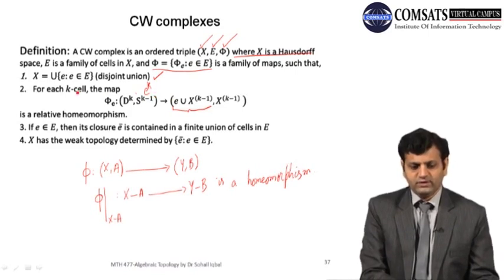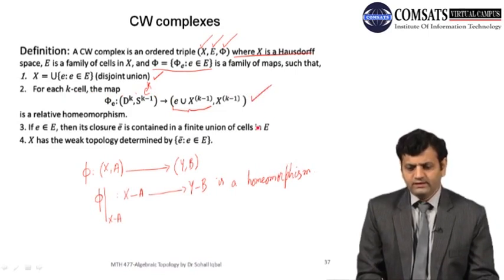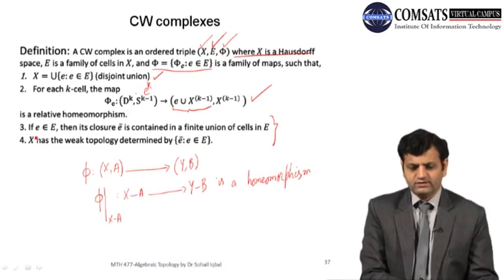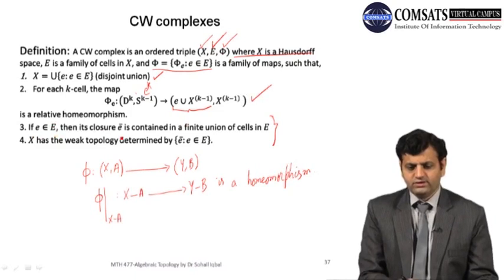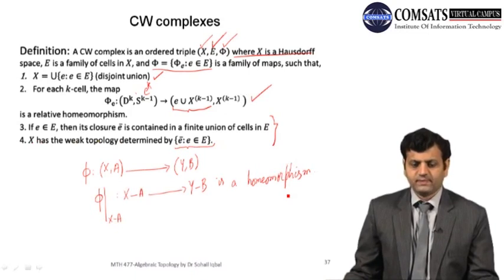For each k we have the following map, and these last two conditions only matter if this set E is infinite. Otherwise it doesn't matter. The conditions are: if we have a cell inside this capital E, then its closure is contained in a finite collection of cells in E. And X has the weak topology determined by these closures of cells.